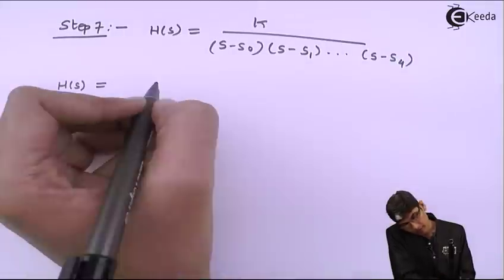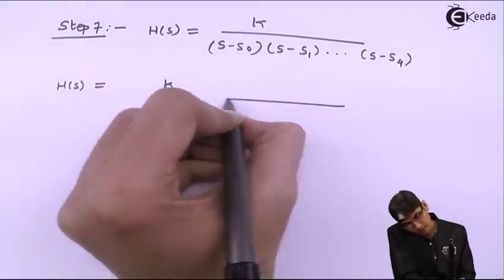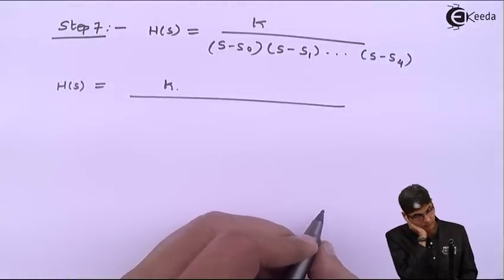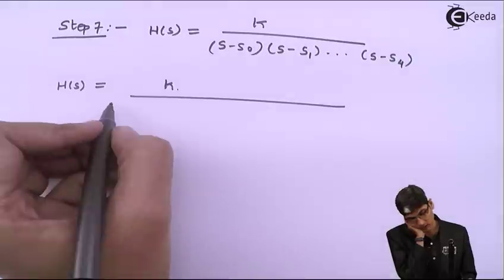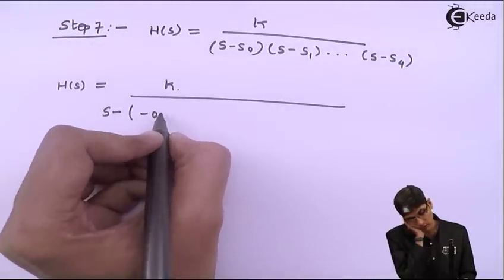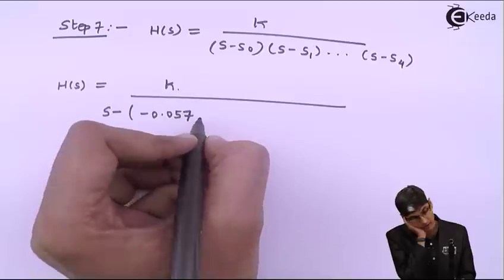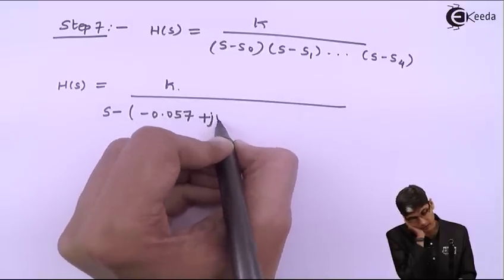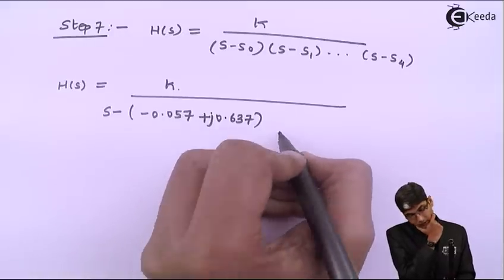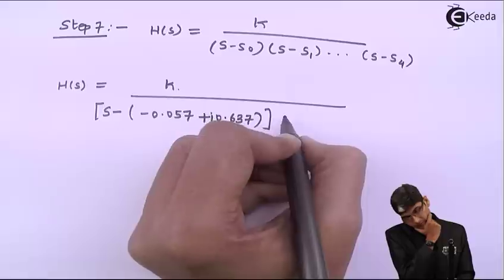Taking s minus s0, you will get s minus, S0 is minus 0.057 plus j 0.637. Okay, this is one factor.